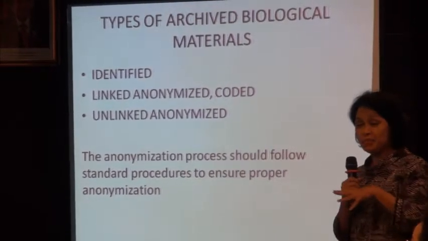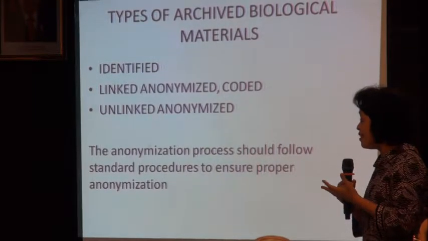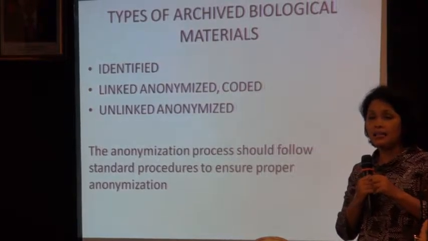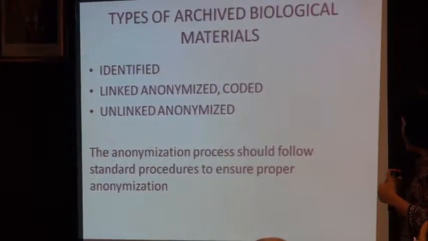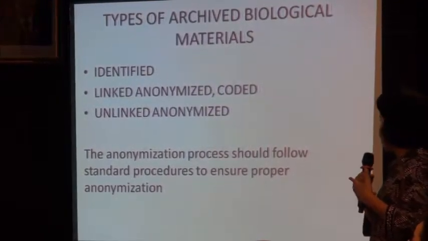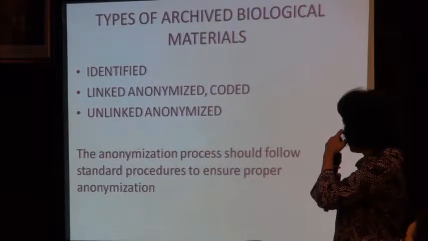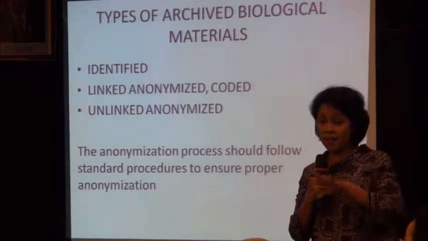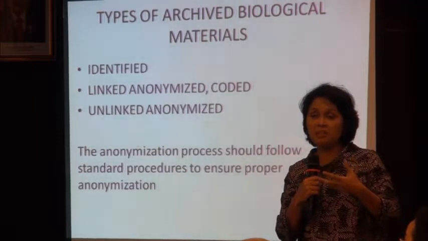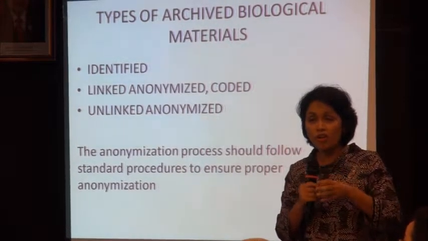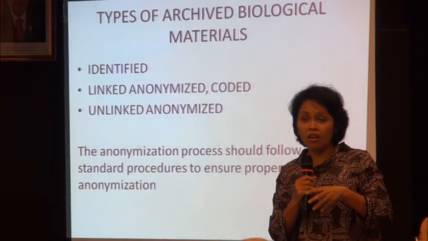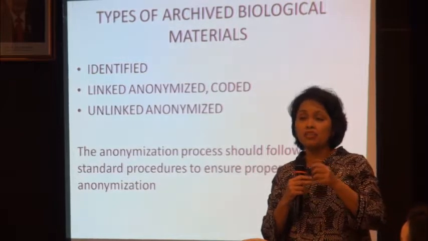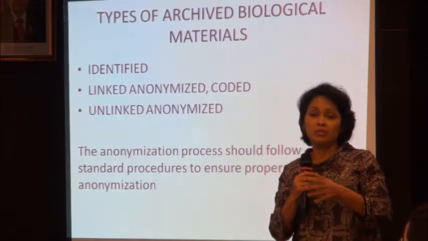So in this book, they say there are 3 types of archived biological materials: identified, linked anonymized (coded), and unlinked anonymized. Unlinked anonymized, from the bottom, means there is no identifier at all on the biological materials, and you cannot track who the owner is.